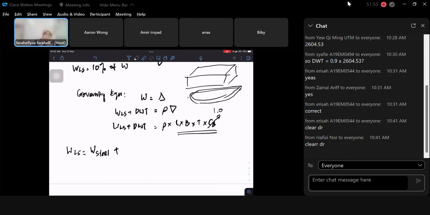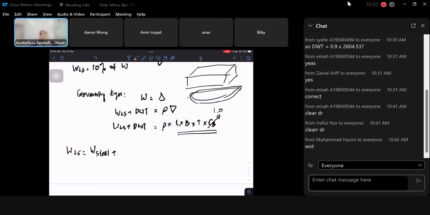Okay, anyone want to add plus what for light ship? WOT. So WOT is for outfitting. Maybe I can put it W outfitting or WOT.